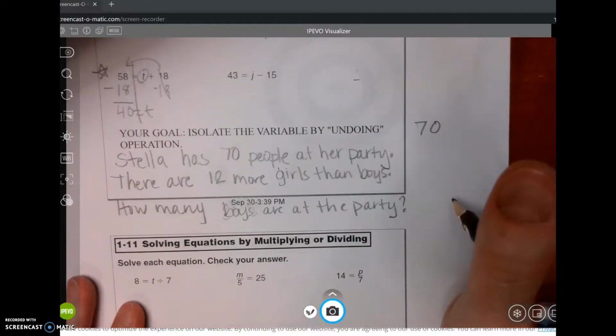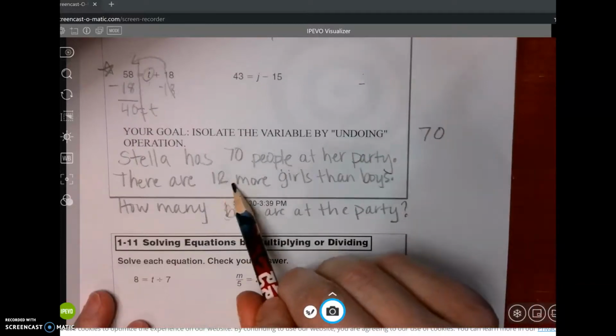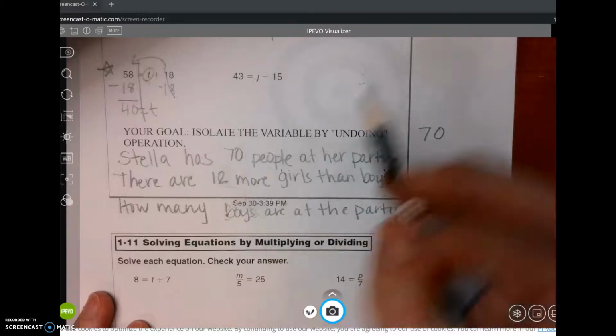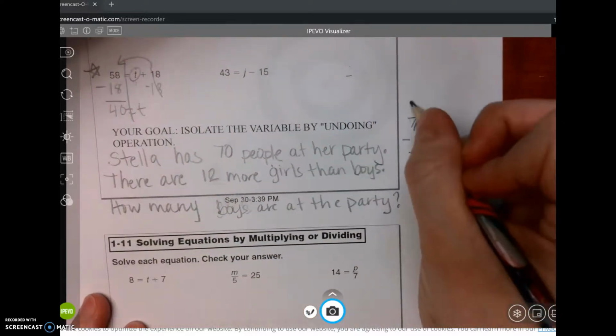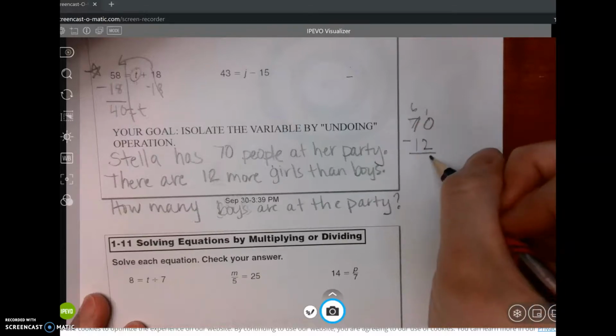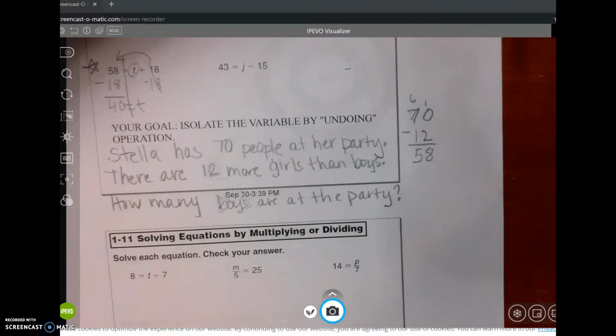So before I figure out how many girls and boys there are, I want to get rid of this 12 extra of the girls by subtraction. Okay, so that's how many there are in girls and boys minus those 12 extra girls.